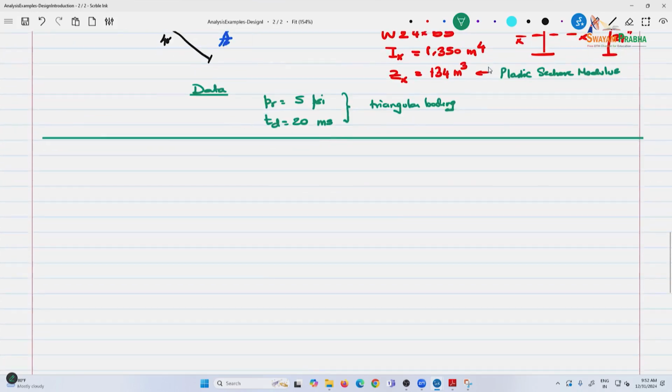And the question is to determine the peak deflection due to the blast load.